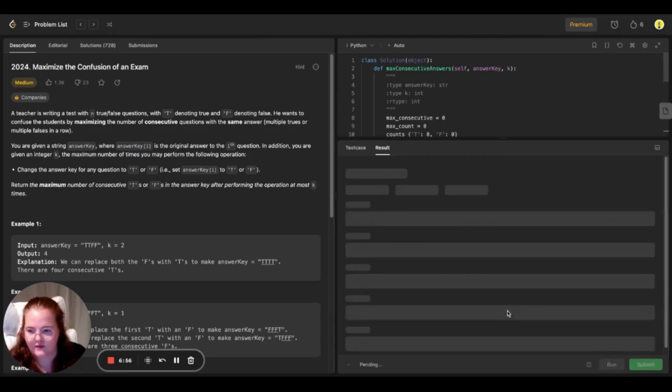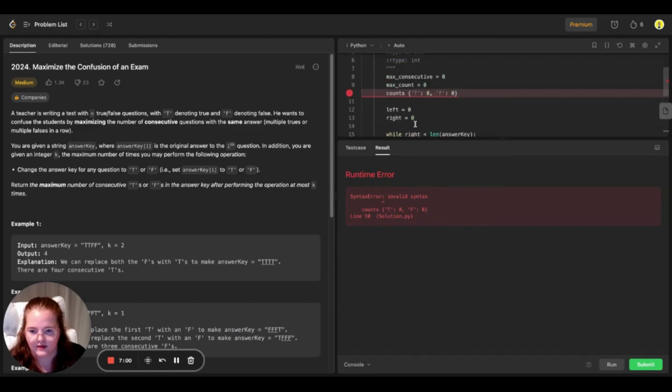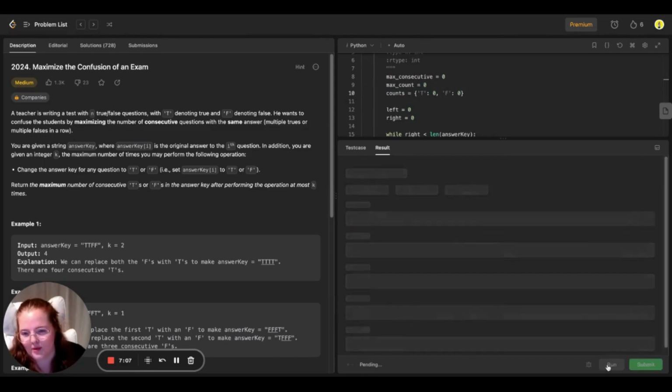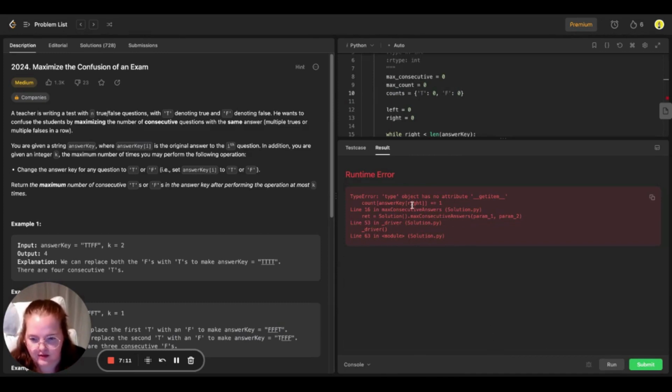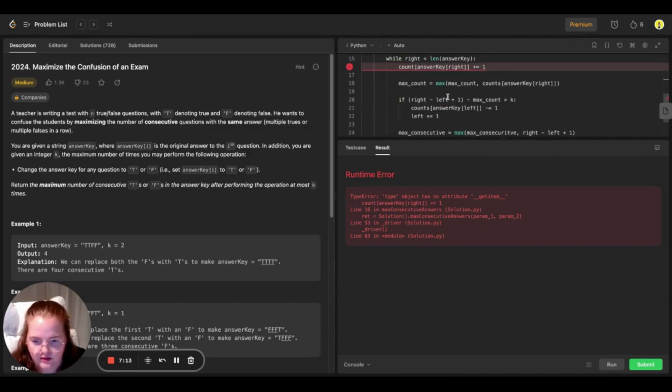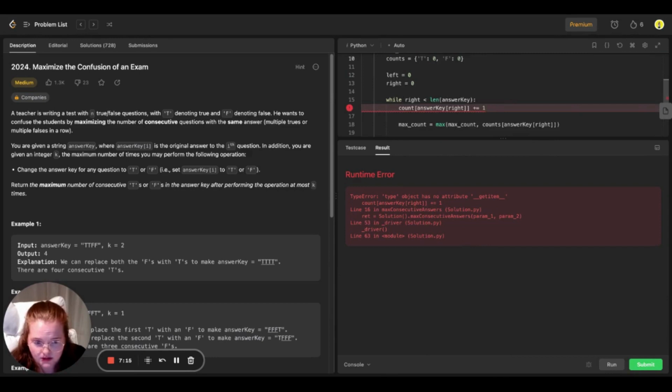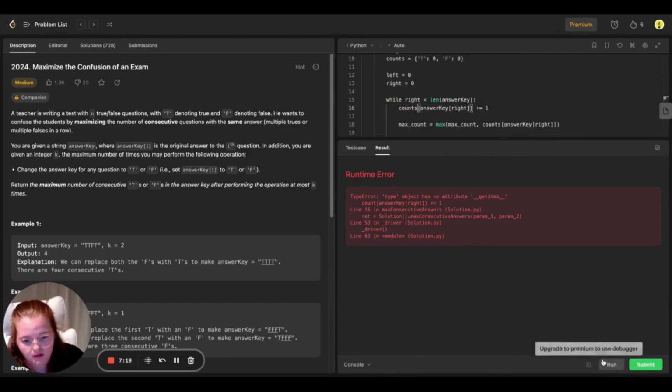Okay, let's give that a run. Invalid syntax. Counts. Oh, haha, nice. Dope. Okay, type has no attribute. Count? Counts, maybe?